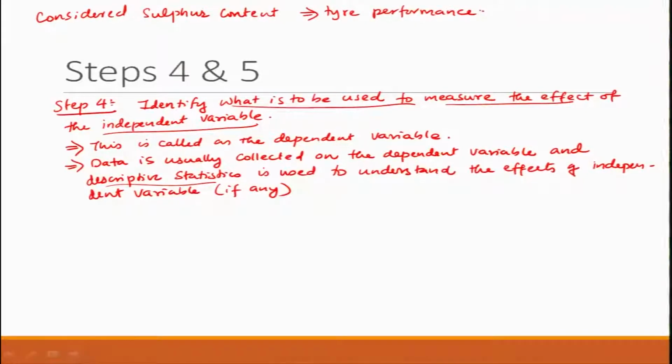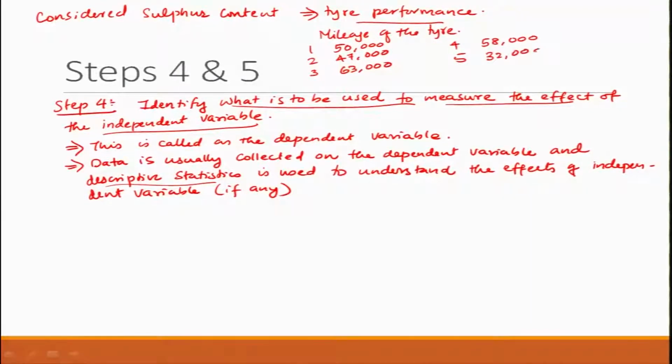Now, the question is, how do you measure the tire performance? One way to do it is the mileage of the tire. You manufacture maybe 5 tires: tire 1, tire 2, tire 3, tire 4, tire 5, put them on different vehicles and run them. The first tire gives you 50,000 kilometers, the second 47,000, the third 63,000, the fourth 58,000, the fifth 32,000, something like this.